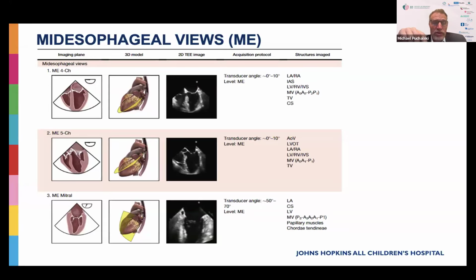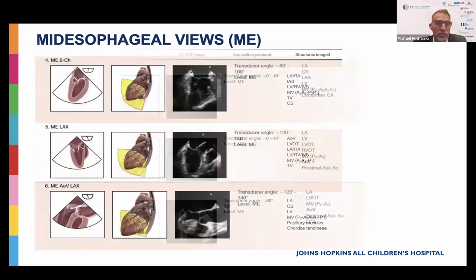You'll notice in most of these diagrams we're giving you a range from 50 to 70, emphasizing that depending on what the heart looks like, or even its position, the recommendation is to move slowly in a sweep from one imaging degree to another to find the best profile for that view.